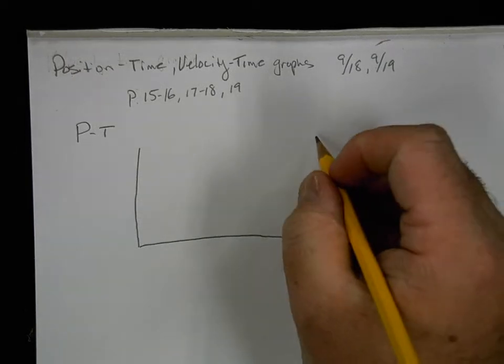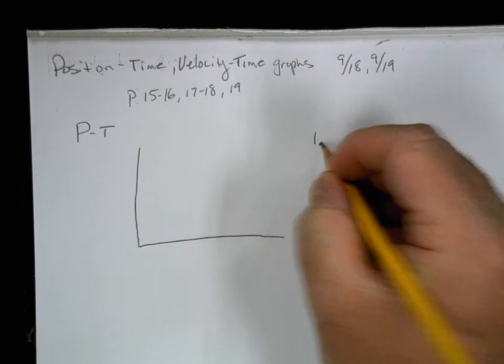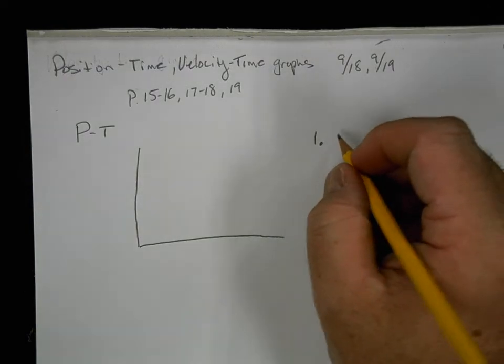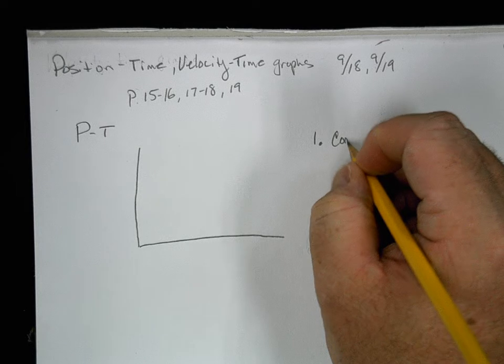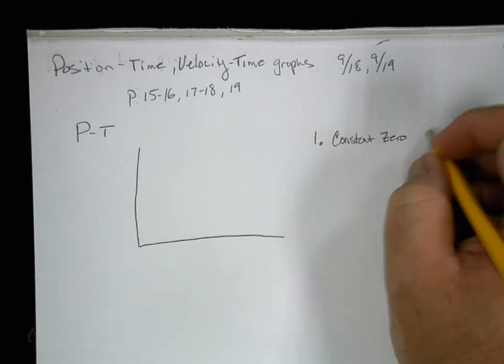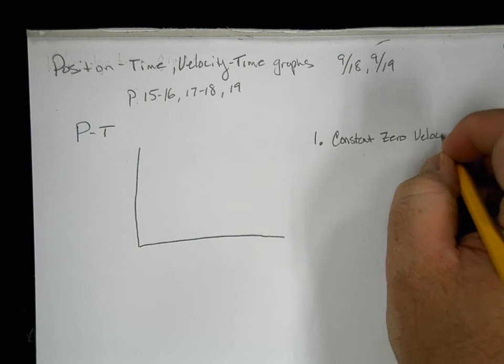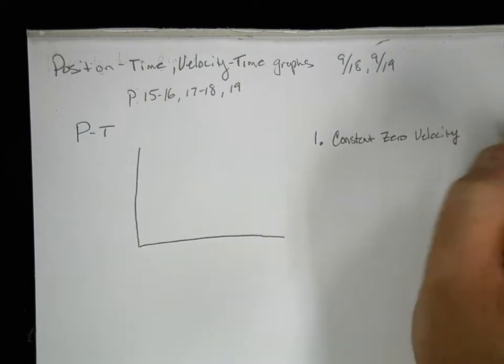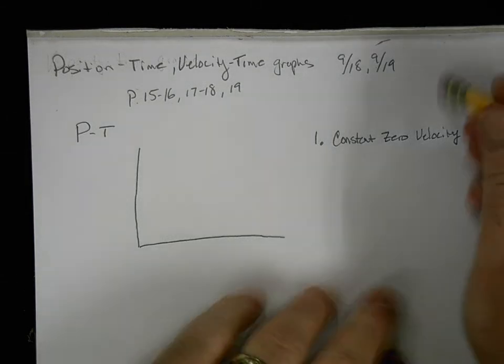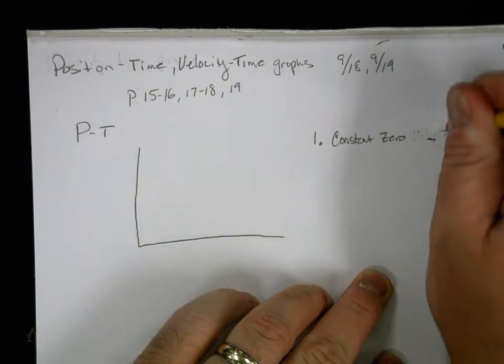Okay, we had one, and I'll try and do this in different colors here. We had one where we had constant 0 velocity.